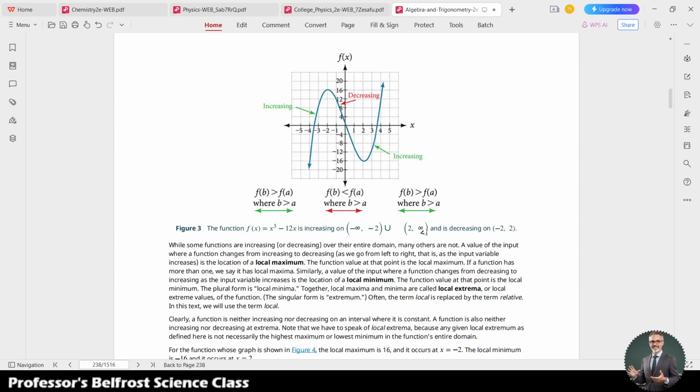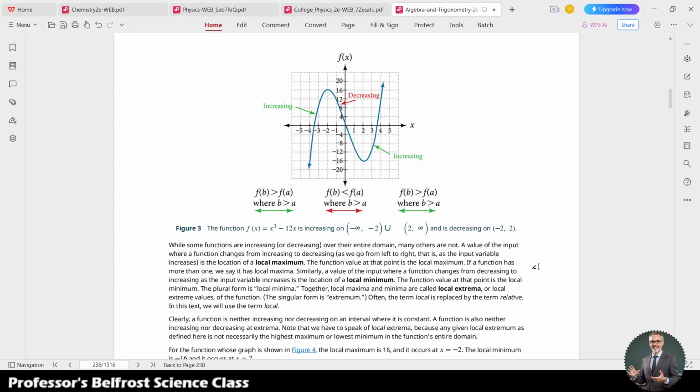While some functions are increasing or decreasing over the entire domain, many others are not. A value of the input where a function changes from increasing to decreasing is the location of a local maximum, and the function value at that point is the local maximum. If a function has more than one, we say it has local maxima.